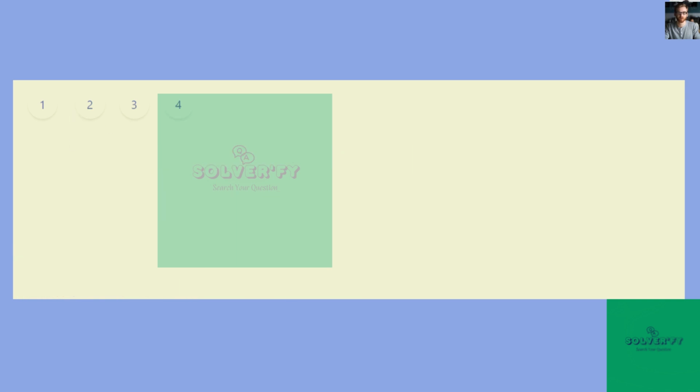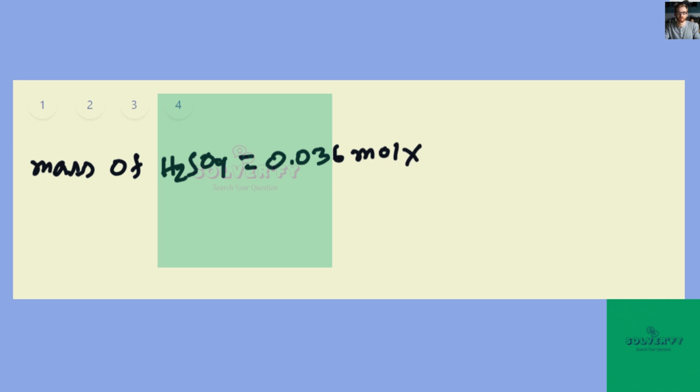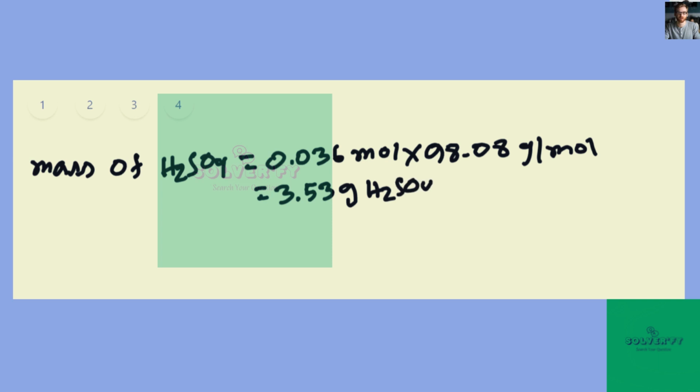So the mass of H2SO4 will be the number of moles of H2SO4 remaining, which is 0.036 mole, times the molar mass of sulfuric acid, which is 98.08 gram per mole, and it will give us a value of 3.53 gram H2SO4.